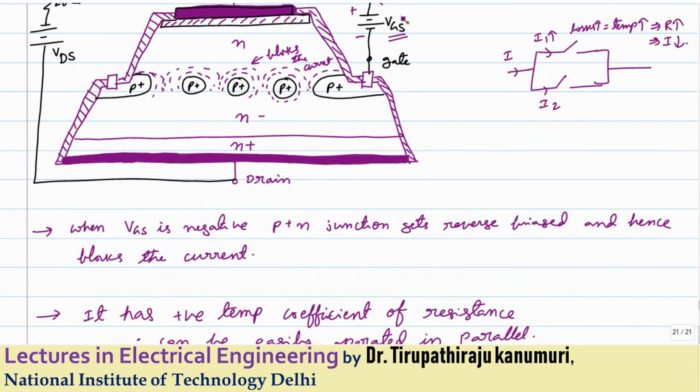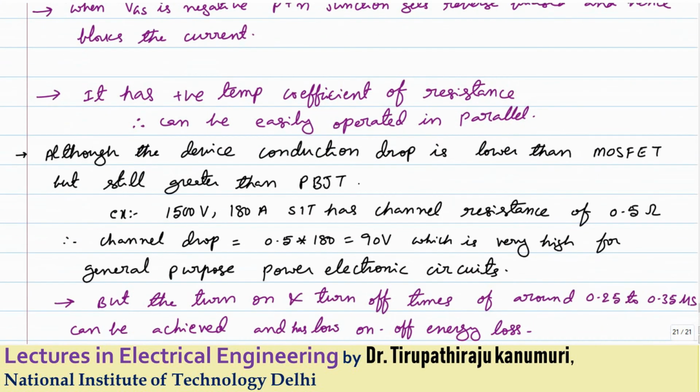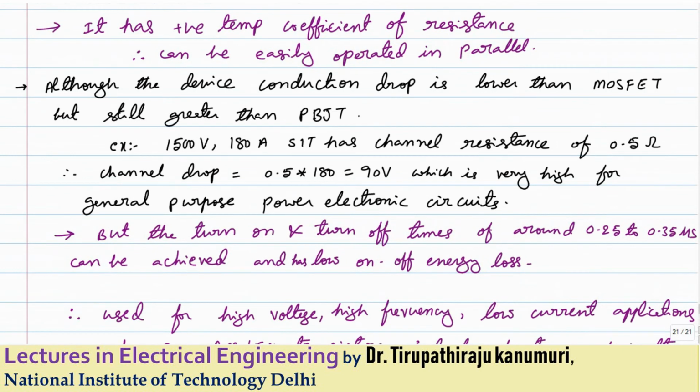Whenever you remove the gate supply, this can recover at a much faster rate, or the charges that are trapped here can be removed at a faster rate, because only one barrier is there and conduction is only because of the majority carriers. So the turn on and turn off times are very small in this device. That is the major advantage of this device.